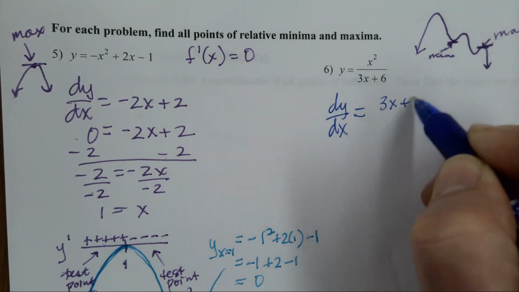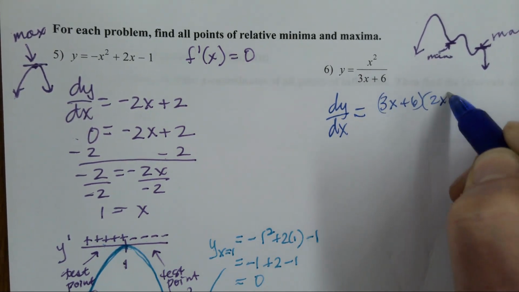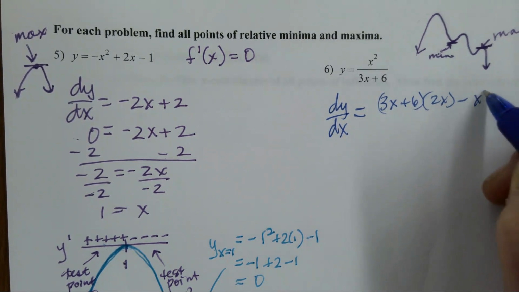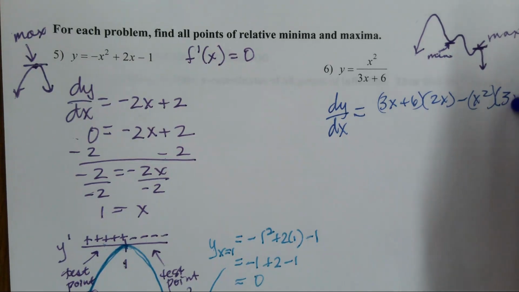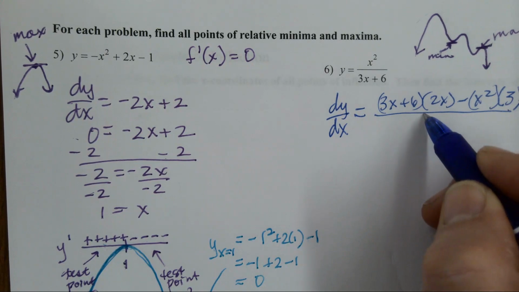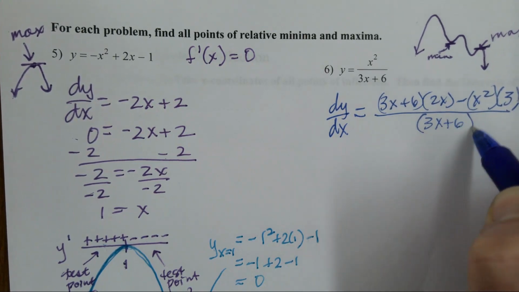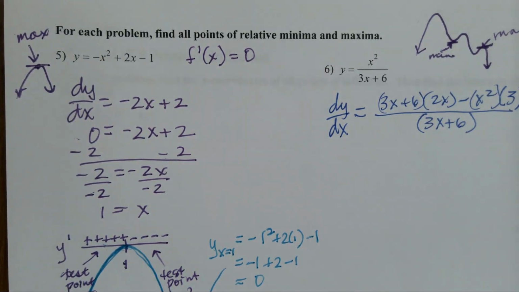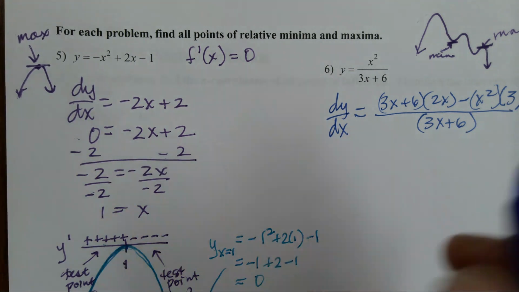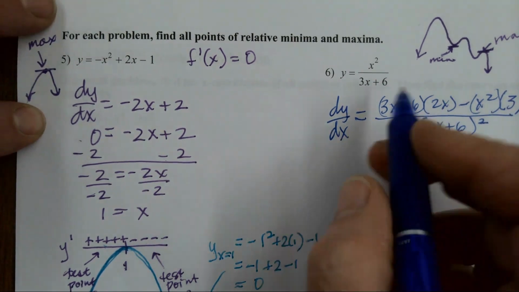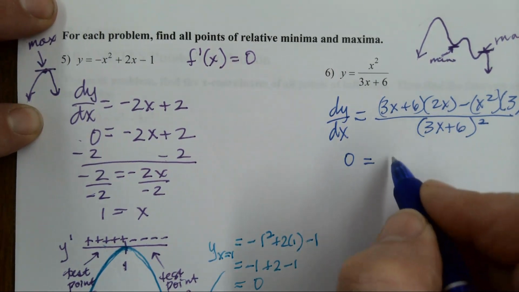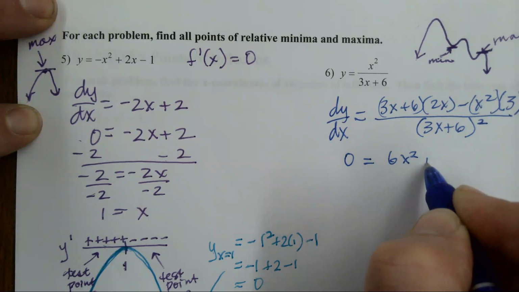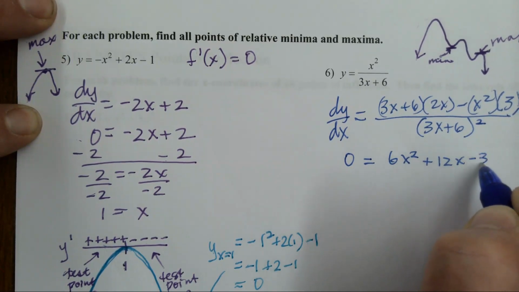Low d high minus high d low over low low. Set it equal to 0. I'm going to do some cleanup while I'm at it. This is 6x squared plus 12x minus 3x squared.